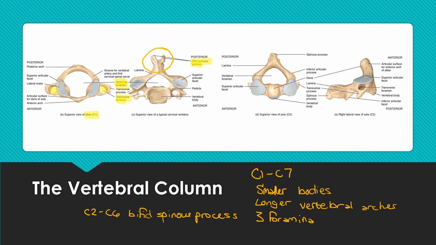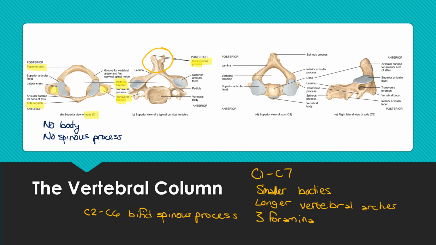It has both an anterior and a posterior arch. And as you can see, it lacks a body and a spinous process. There's no body and no spinous process on C1. So we can write this in here. No body, no spinous process.